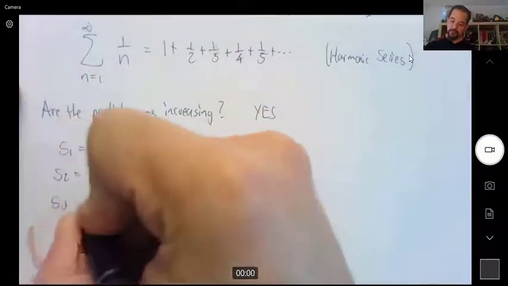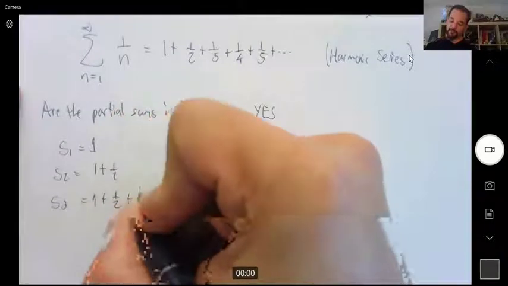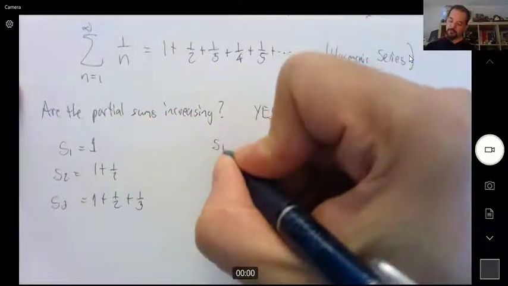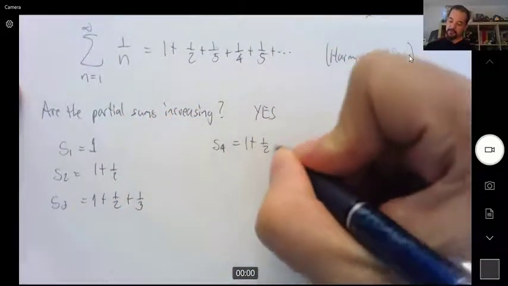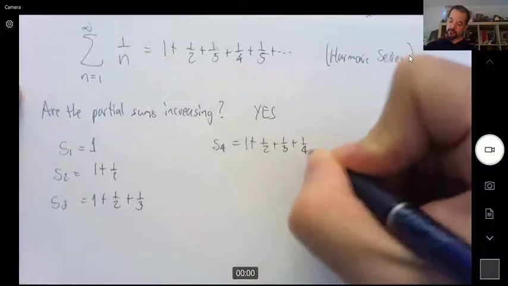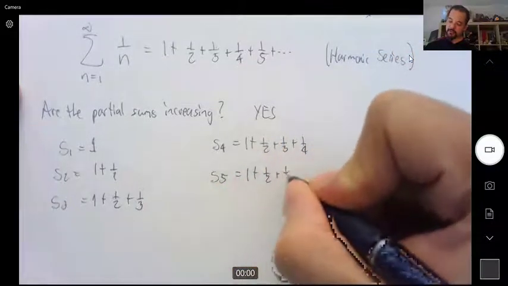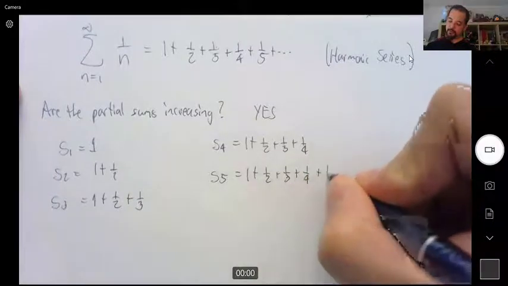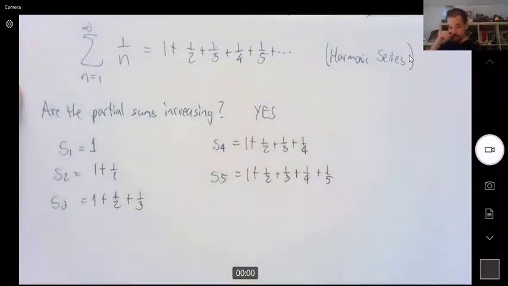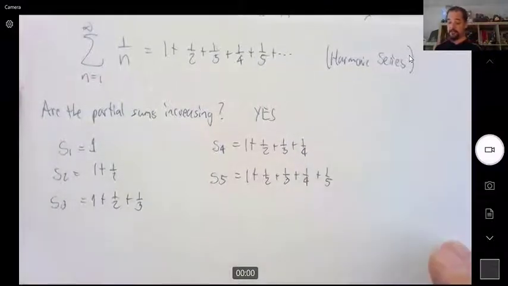Like I said before, as long as the terms are positive, doesn't matter what the series is, you definitely are going to have a sequence of partial sums that will be increasing. So yes, it is increasing.